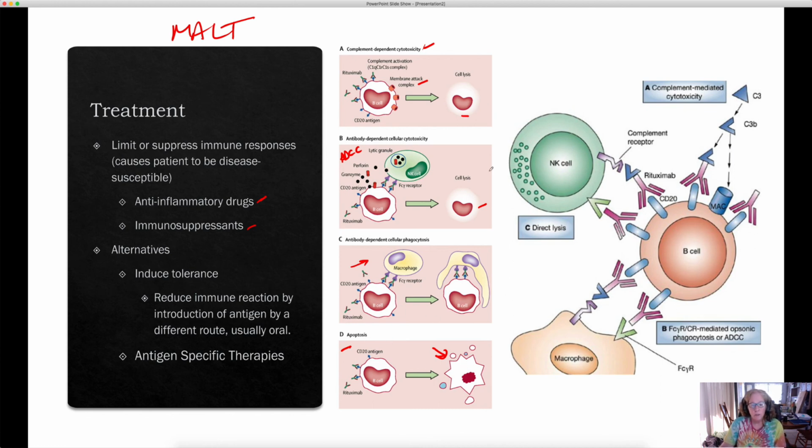Now, one of the things I want to talk about is this diagram for a drug called rituximab. I think I said that correctly, but I may have pronounced it wrong. So this particular immunosuppressant works on all four of these different mechanisms of autoimmune diseases. For example, over here in complement-dependent cytotoxicity, rituximab is a monoclonal antibody.